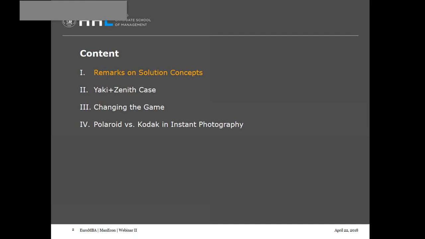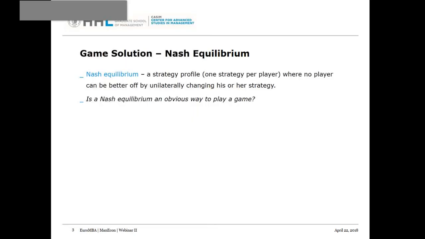So let me start with something that you actually assumed, I believe, which is the idea of a game. So interaction, actions taken by both sides. To solve a game, in order to answer how this game will be played, it usually starts with looking for a Nash equilibrium.